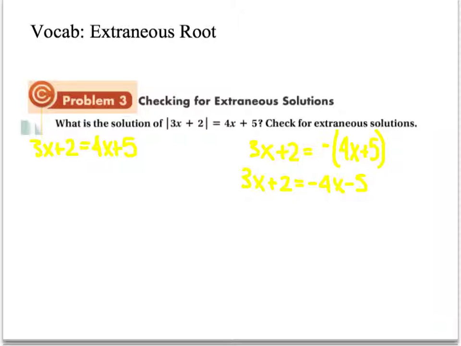Now, if you don't want to do this step right here with the parentheses, that's okay. You can jump right to just saying -4x minus 5. You can switch both of your signs. I just want to illustrate that the reason we're switching our signs is because we're multiplying that whole right side by a -1 just to get the opposite. So now it's time to solve.